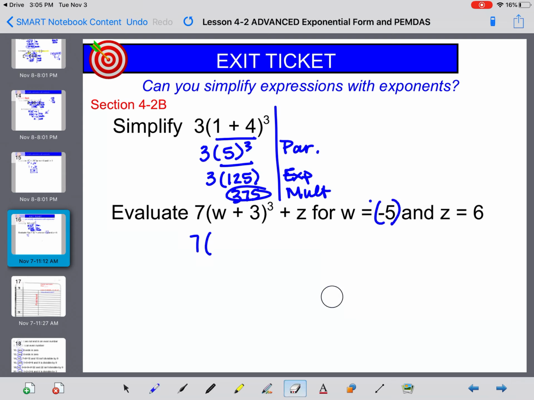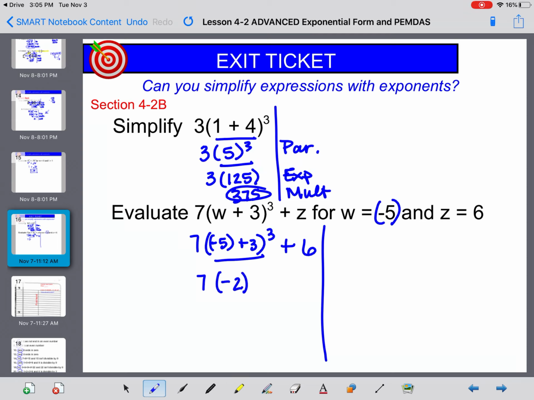The last problem. Oh, I see I have a negative number, so I immediately will put parentheses around that. W is -5 plus 3 to the third plus 6. So what is my job here? I need to simplify my parentheses first. -5 plus 3 leaves me with -2 to the third power plus 6.